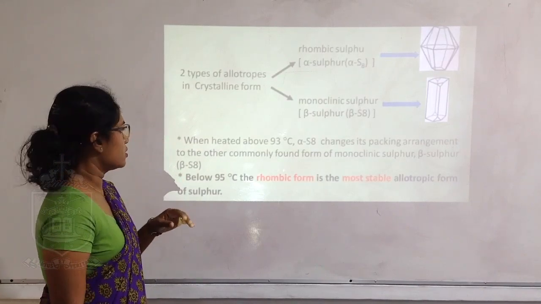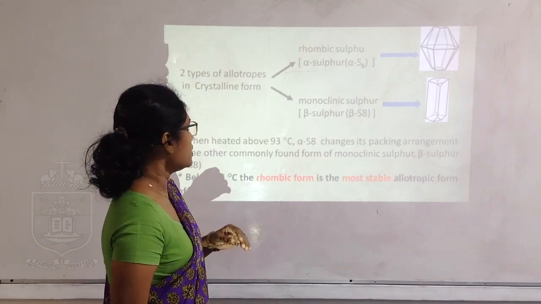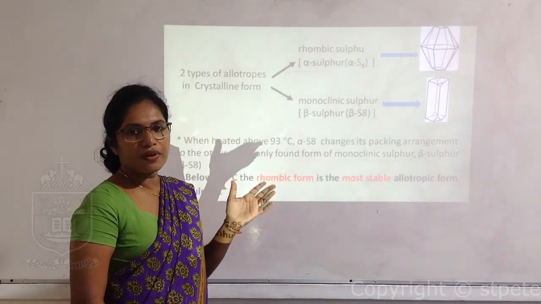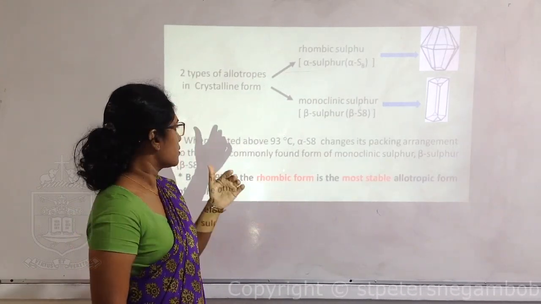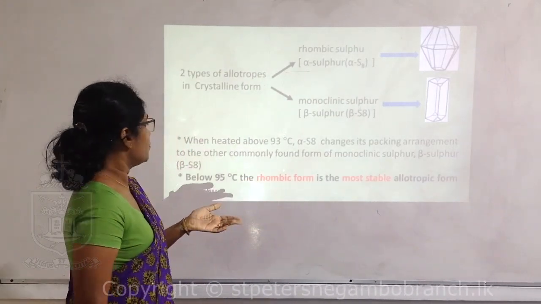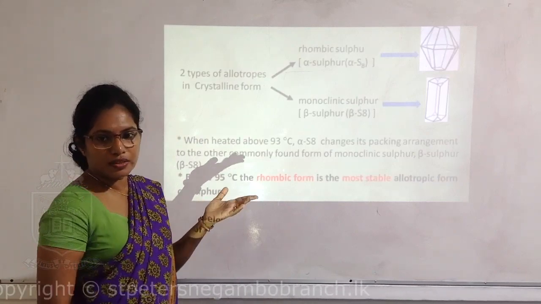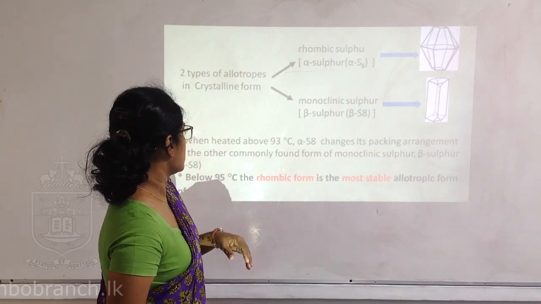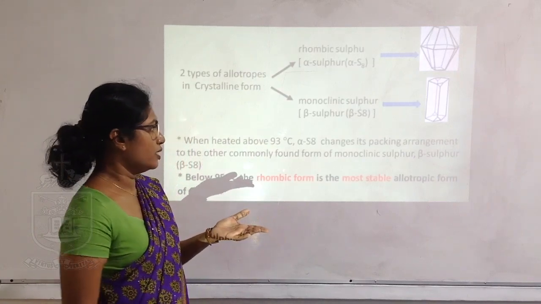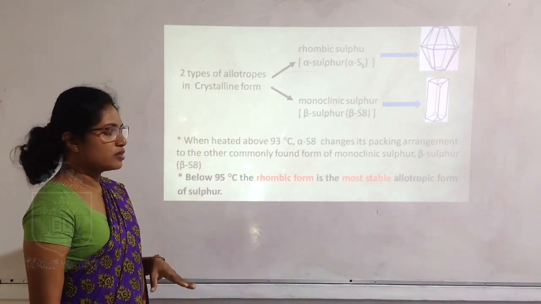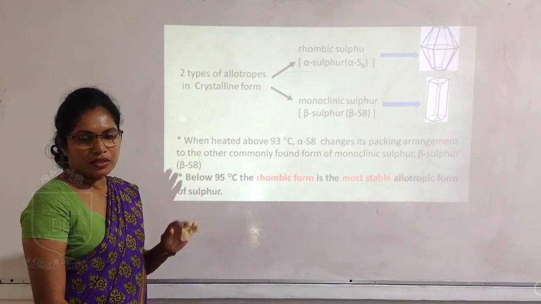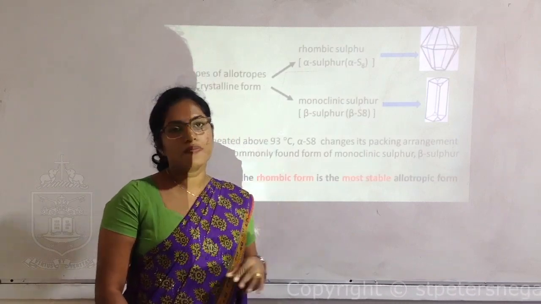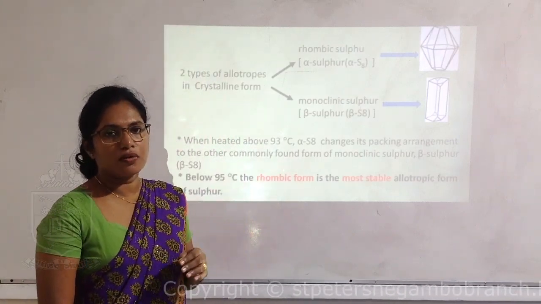And the most stable one is rhombic sulfur under 95 Celsius. But when we heat above 95 Celsius, this rhombic sulfur forms monoclinic sulfur. But under 95 Celsius, the most stable allotrope of sulfur is rhombic sulfur.